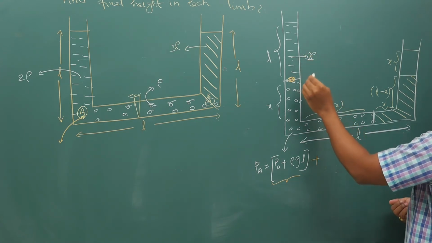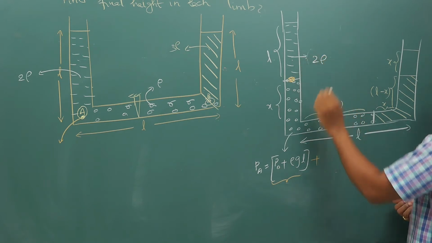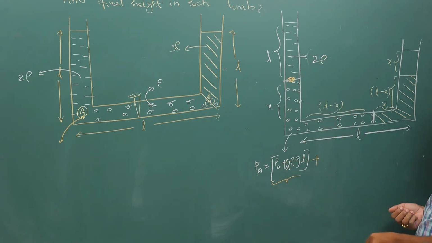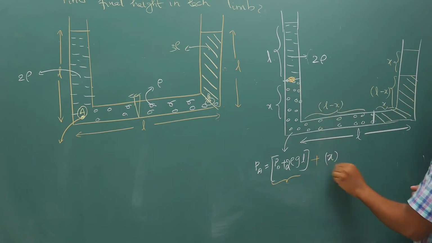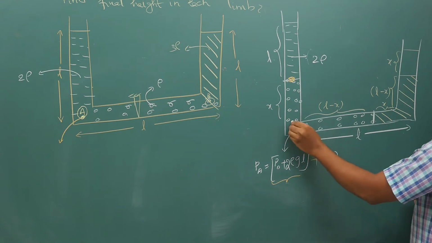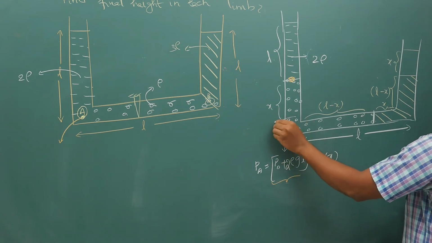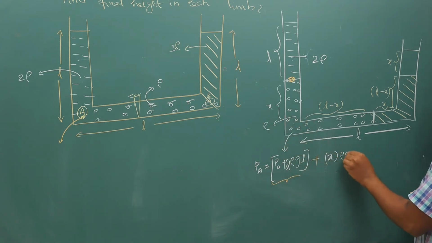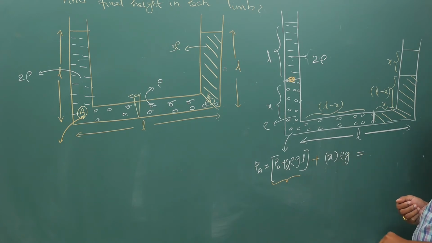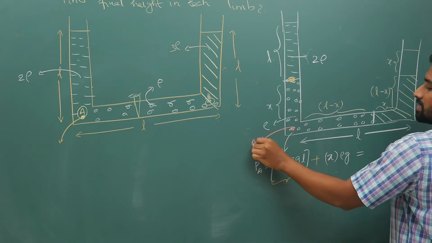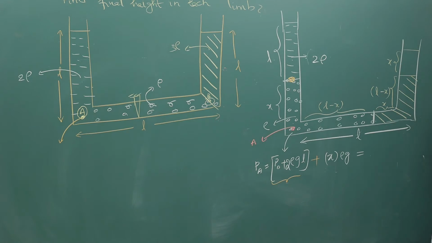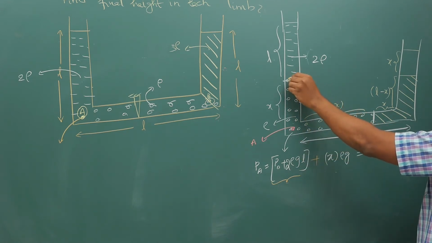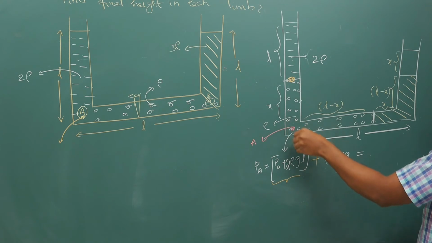This liquid's density is 2 rho, so I have to write 2 rho into G into L as the pressure at this point, plus x into rho into G, because of x height of liquid.